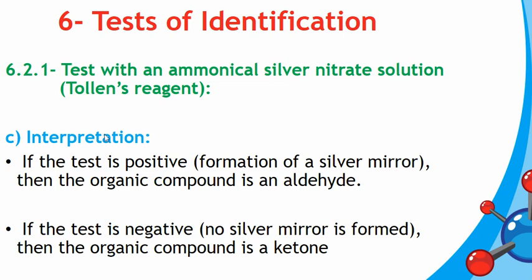In this case, the Ag+ ions are transformed into Ag atoms that deposit on the inner side of the tube, forming the silver mirror. In case of ketones, they do not undergo mild oxidation, then ketone does not react with Ag+ and no silver mirror is formed.